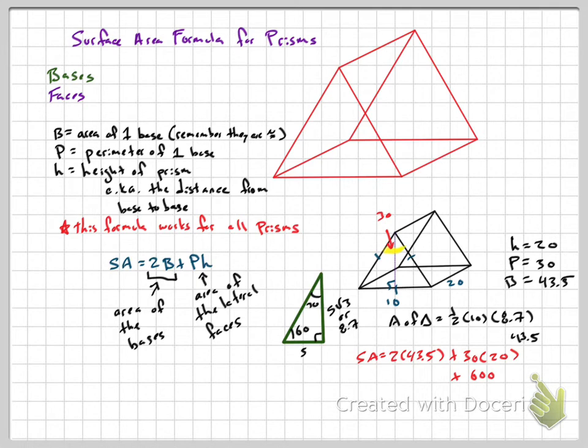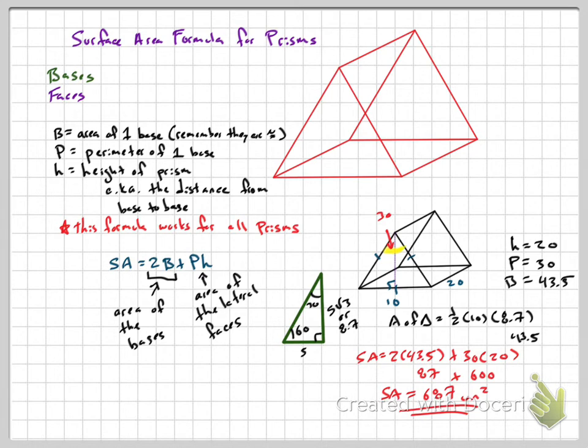And then 43.5 times 2 is 87. So 87 plus 600 is 687 units squared. And that is the area of all the faces and both bases of our triangular prism.